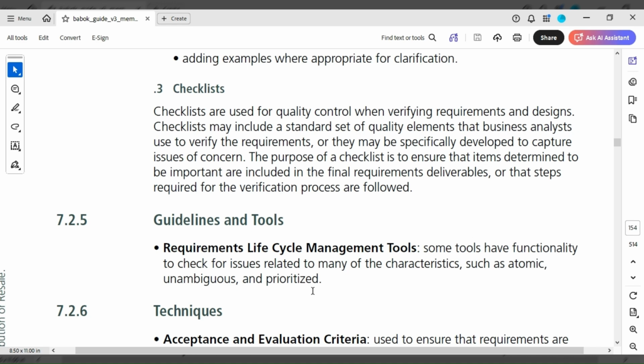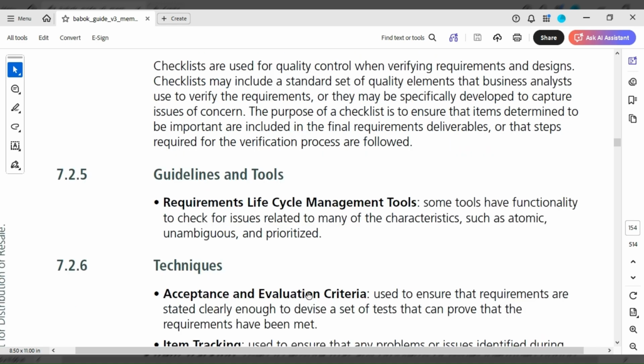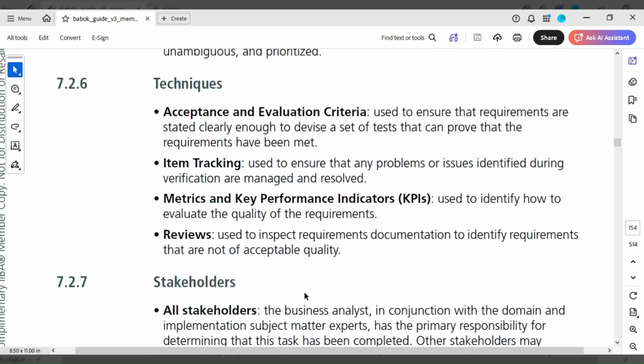So, guidelines and tools here. We just have one, which is the requirements life cycle management tools. Some tools have functionality to check for issues related to many of the characteristics, such as atomic, unambiguous, and prioritized. Techniques: acceptance and evaluation criteria. Very, very important. Used to ensure that the requirements are stated clearly enough to devise a set of tests that can prove that the requirements have been met.